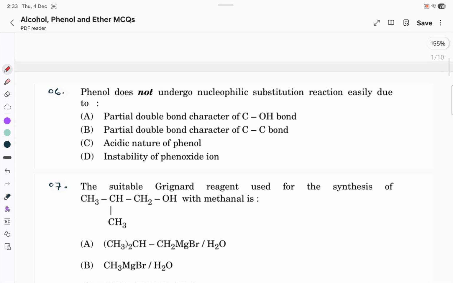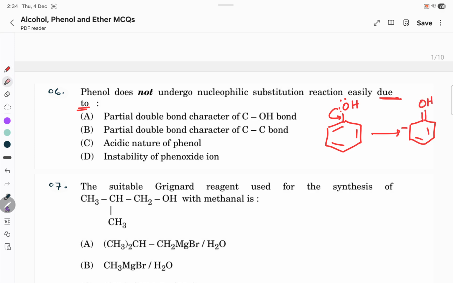Okay. Next question. Phenol does not undergo electrophilic substitution reaction easily due to. So this is the structure of phenol. This lone pair will be involved in resonance. So the first resonance structure will go like this.